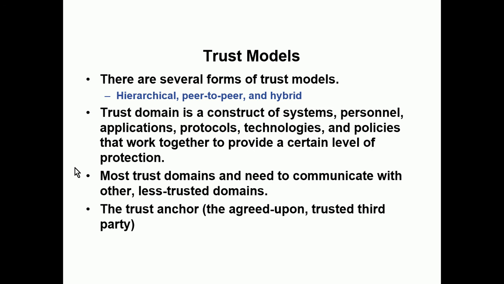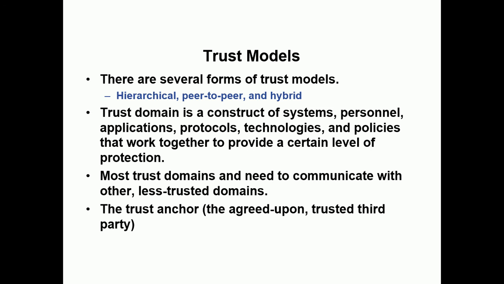So, a trust model. There are various forms of trust. You have hierarchical trust, peer-to-peer, and hybrid. Basically, a hierarchical trust model is when you generally have a root, and below that root you have branches.